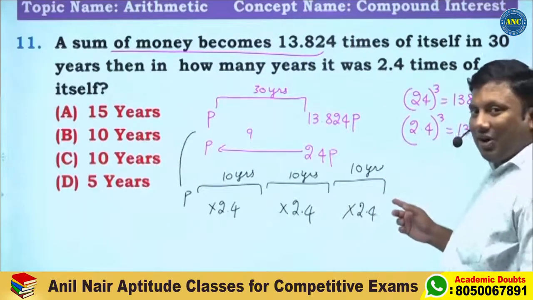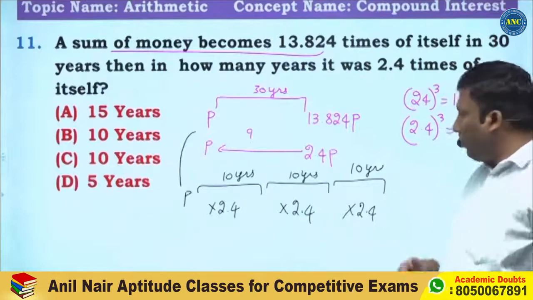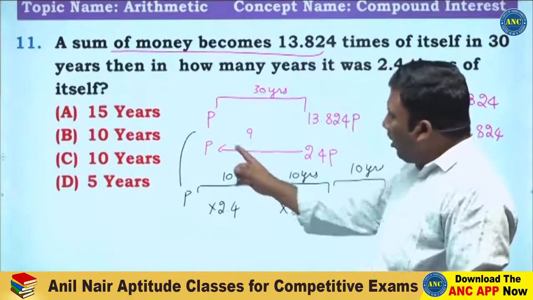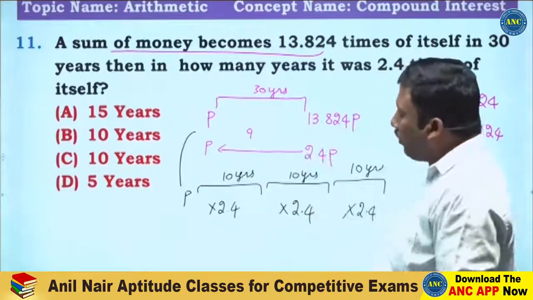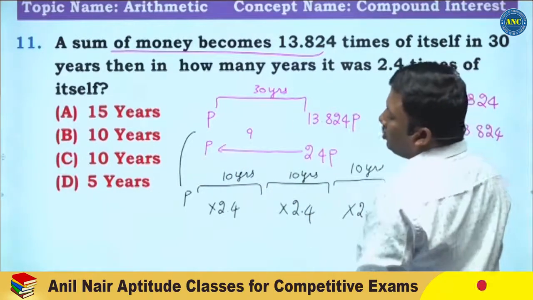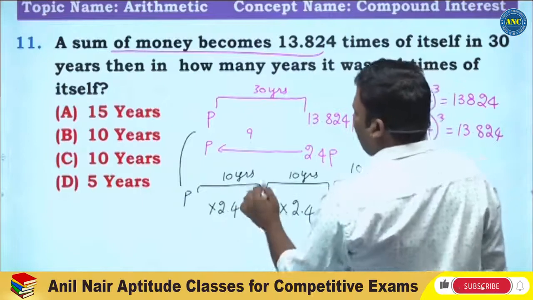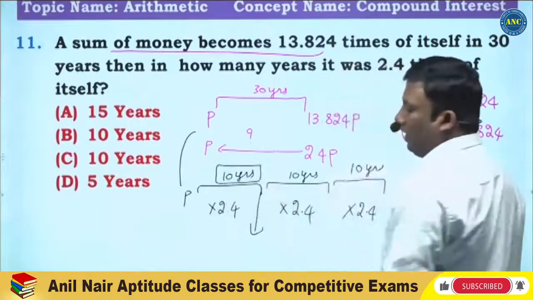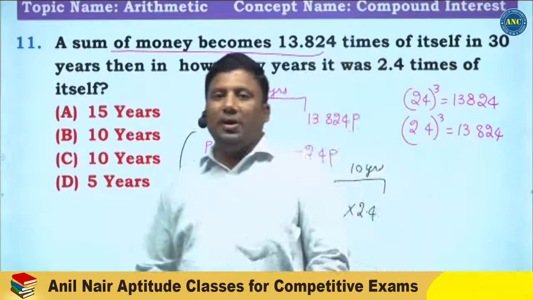That is the reason we got 2.4 power 3. Now what is the question? In how many years will it become 2.4 times the principal? Here I will get 2.4 times. Answer will be 10 years.